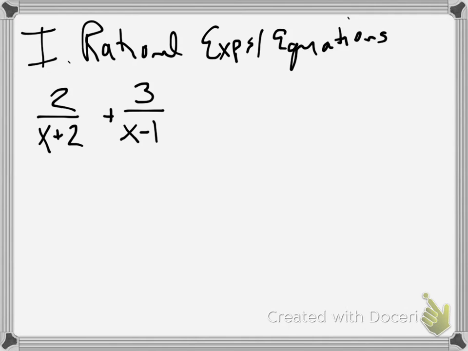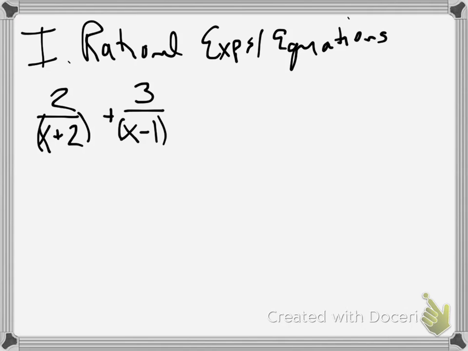So the concept that we have to do is figure out what the LCM, or lowest common multiple, of the two denominators is. Well, since x plus 2 and x minus 1 are completely different, unique factors, the LCM is just the product of the two.